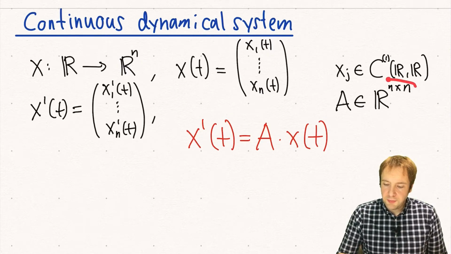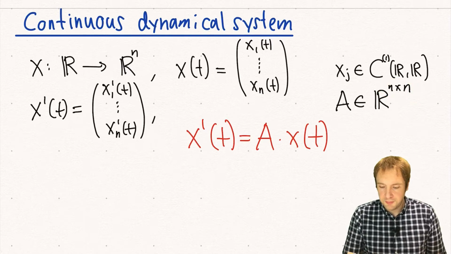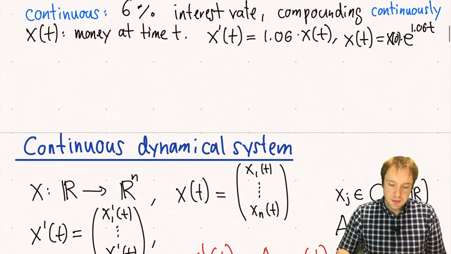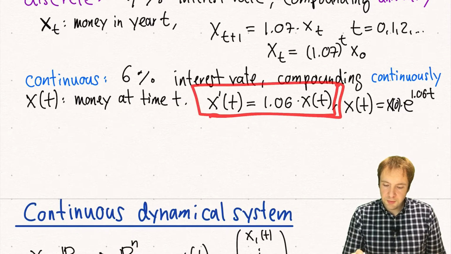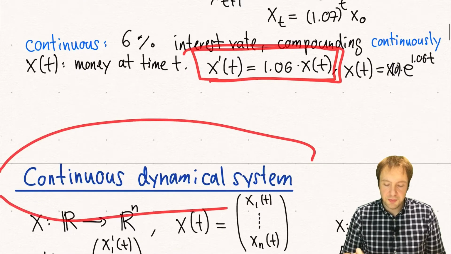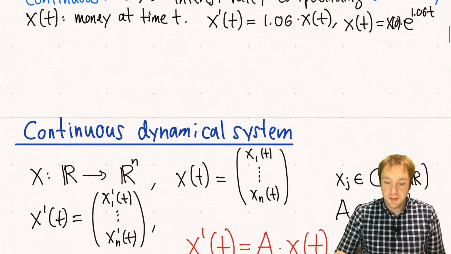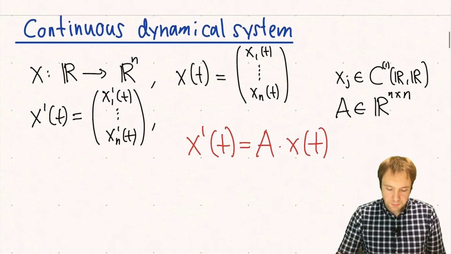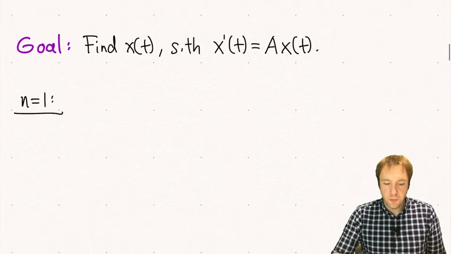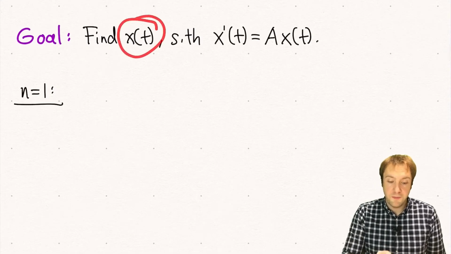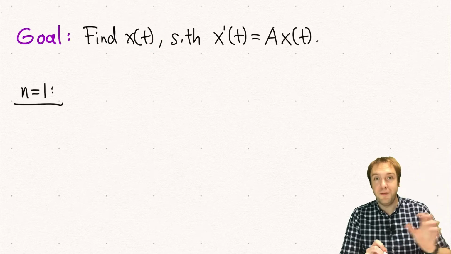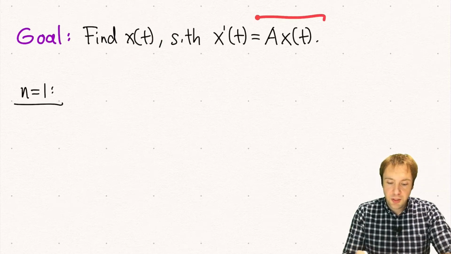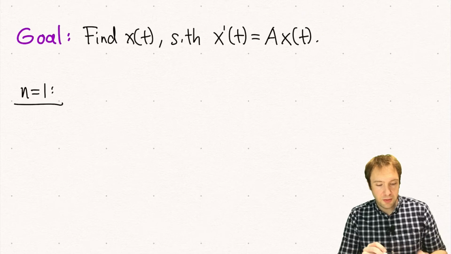And you see in the case when n equals 1, then this matrix is just a number. And this example here is exactly an example of this continuous dynamical system in the case n equals 1. So in general, the goal will be to find a function x, meaning a vector which has n functions as entries, such that we have this equation.